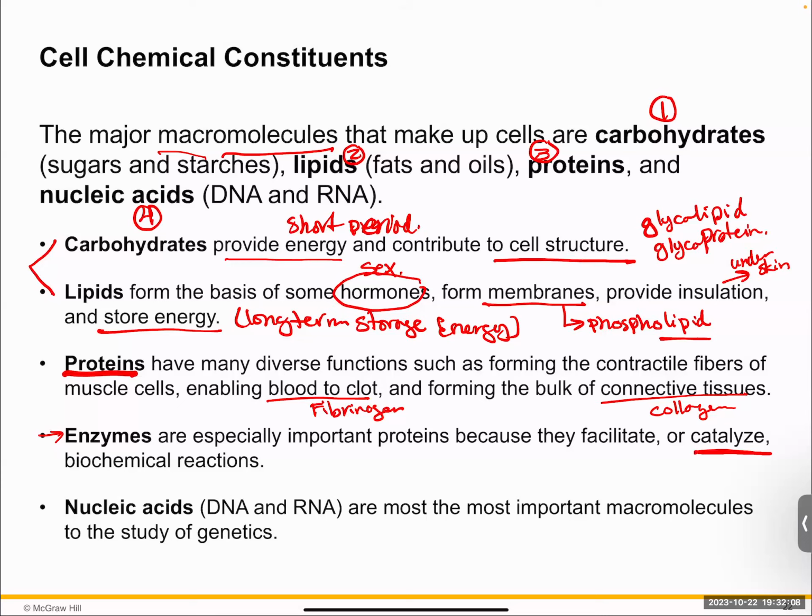Now, as I mentioned before in the earlier lectures, how do I know what proteins to make and how much of it to make? And for that, we rely on our last group, which is nucleic acid. We rely on our DNA. We look at the sequence of our DNA and we understand how much of a protein and how, when, and where to make that protein.